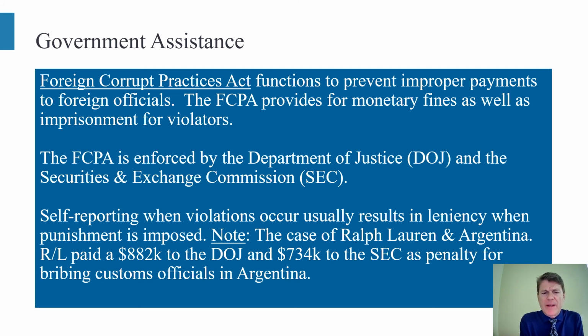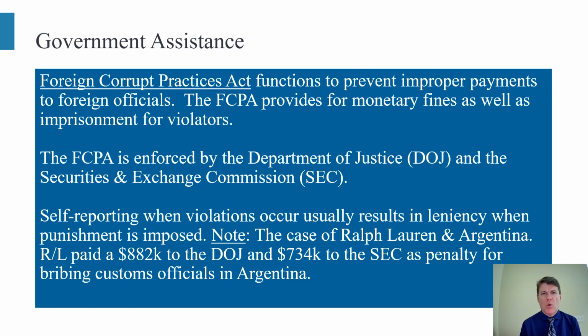The author mentions the case of Ralph Lauren. One of their subsidiaries in Argentina years ago engaged in bribery there. And Ralph Lauren did what we want companies to do. They discovered what had happened, self-reported to the Department of Justice and the Securities and Exchange Commission, and were in total cooperation with the ensuing investigation. Even though they did pay a fine as a penalty, that's what we want companies to do.